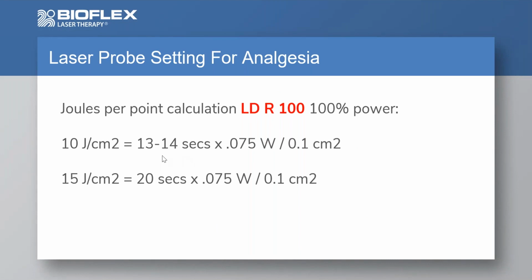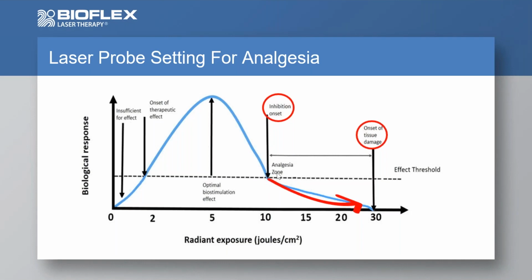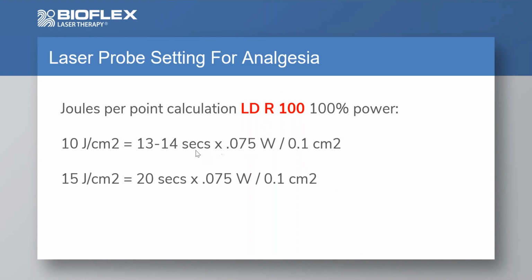So to achieve 10 joules per centimeter squared, and if I backtrack, you can see 10 joules is right at this inhibition point, then at 100% power, using the red laser probe, you're looking at around 13 to 14 seconds per point, and you can go up into 15 joules per centimeter squared, and that gives you about 20 seconds. So I would say anywhere from 15 to 20 to 30 seconds per point over the painful areas of the ankle sprain will provide some analgesic effect as well.